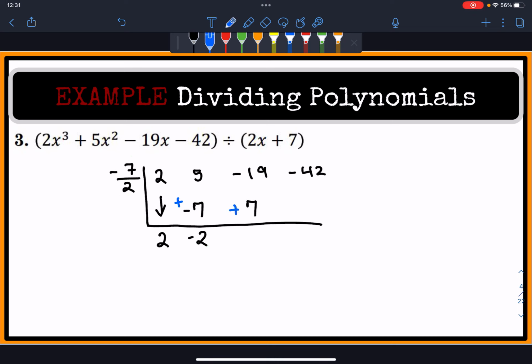And adding this gives us 12. Multiplying 12 with -7 over 2, that's equal to a positive, oh sorry, this is -12, not +12, -12. Multiplying -12 with -7 over 2, that gives us a total of +42. And adding that with the -42 gives us a remainder of 0. So the last value is 0.